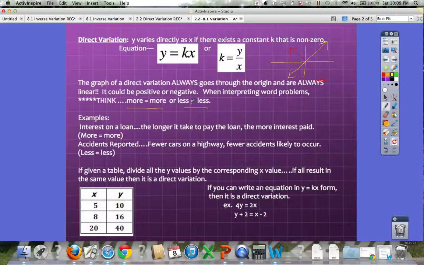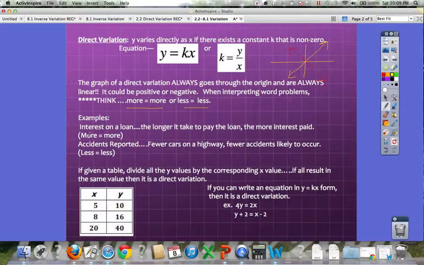And less equals less, same way, because it is the same change. As one quantity goes up, the other one does too. Or if one quantity goes down, so does the other one. It's a really easy way of thinking about these and interpreting word problems.